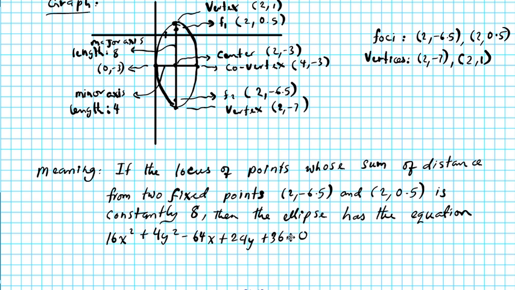So basically, if you have the locus of points with some distance from two fixed points is a constant, that gives you an ellipse. So we just put that information here and then create what this whole result actually means. Okay, so this is the meaning. All right, that's that.